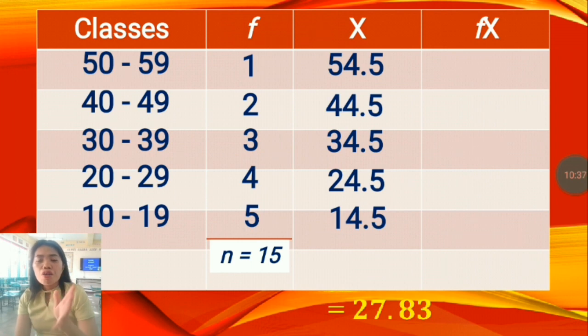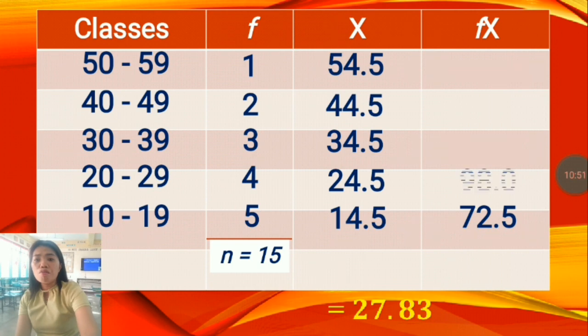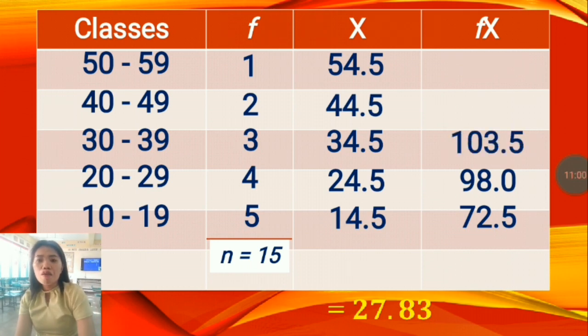Now, for the fourth column, we have fx. Basically, we're just going to get the product of our frequency and our class mark. So 5 times 14.5 gives us 72.5. 4 times 24.5 is 98. Then 3 times 34.5 gives us 103.5.